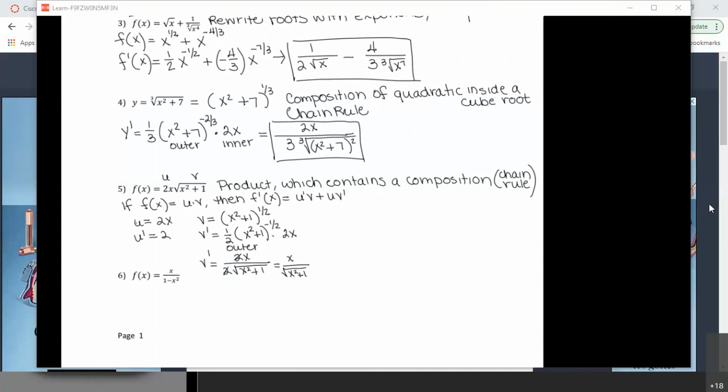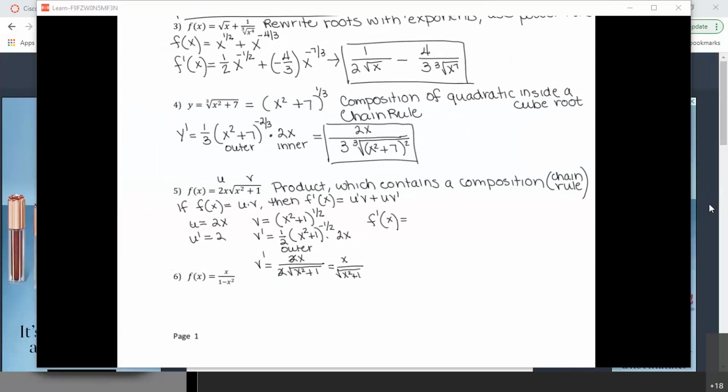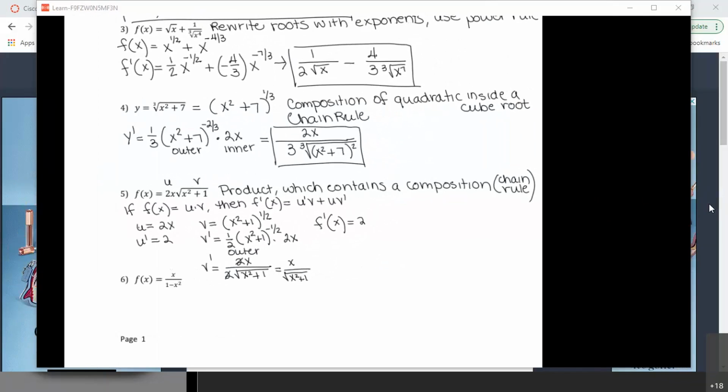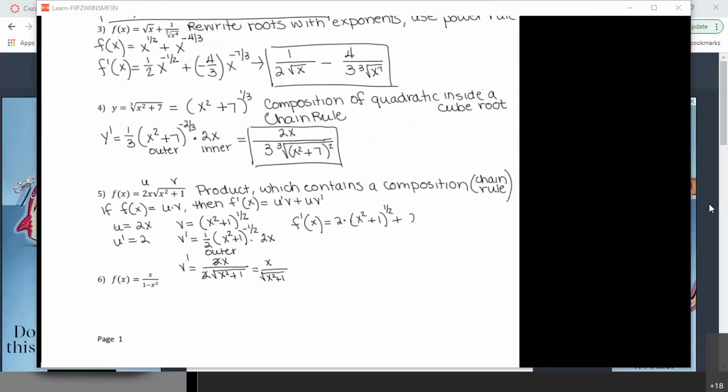And then it's just a matter of plugging it in to the pattern in the rule. So u prime times v plus u times v prime. And again, depending on how much manipulating you want to do, you can do this.